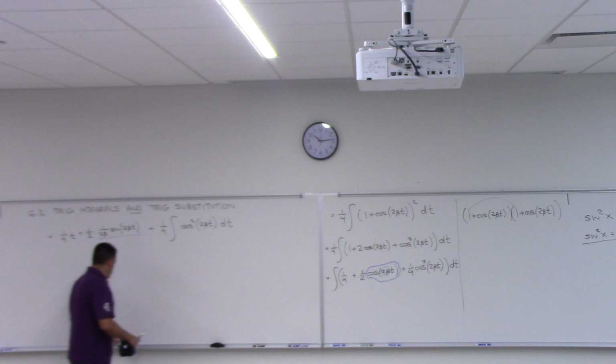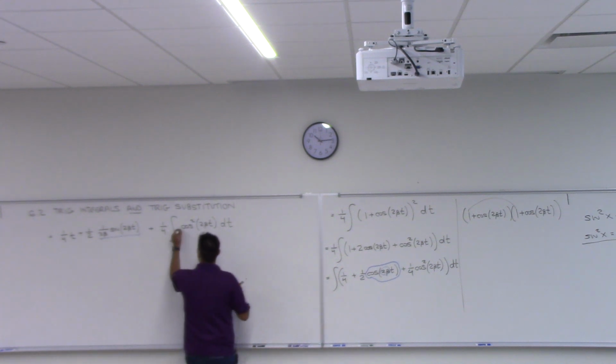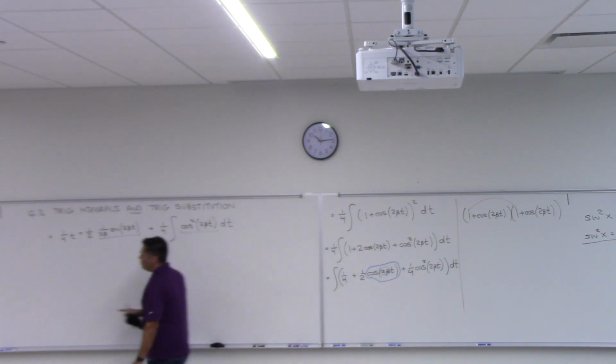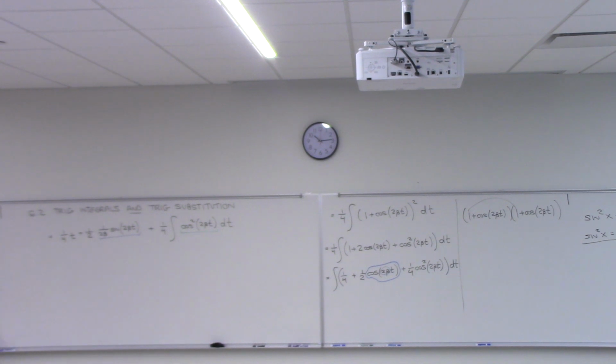All right, now I'm focusing my attention on this, and I'm going to use this formula right here. Cosine squared, but instead of x, what do we have? 2 beta t, right? So this is going to turn into another 1/2, a parenthesis, 1 plus cosine of twice 2 beta t.